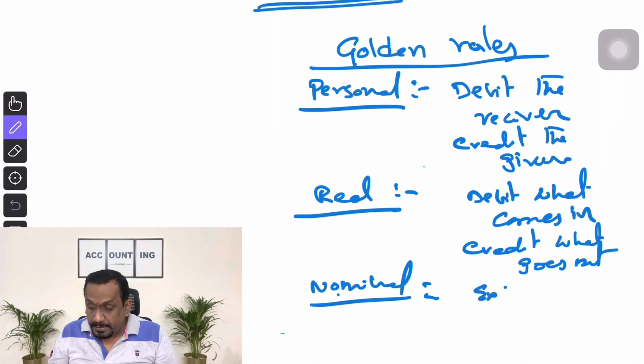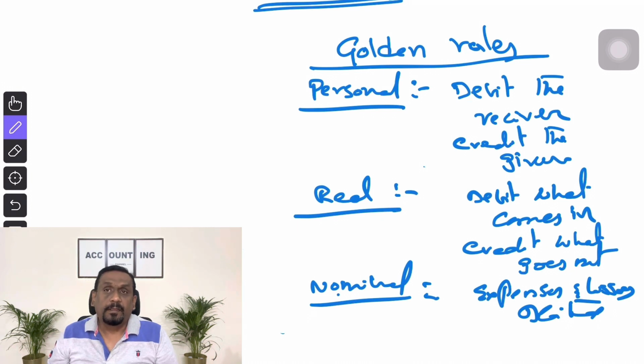Debit all expenses and losses. Expenses and losses are to be debited. Why? For example, I pay salaries. Salary is an expenditure. Why do I pay salaries? Because I am receiving services.